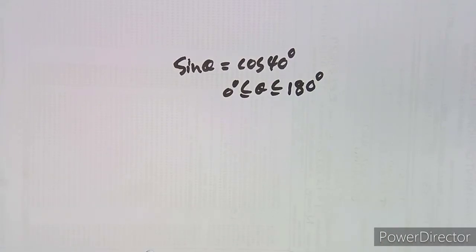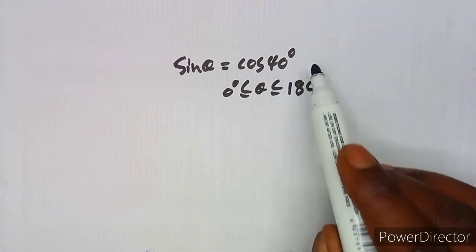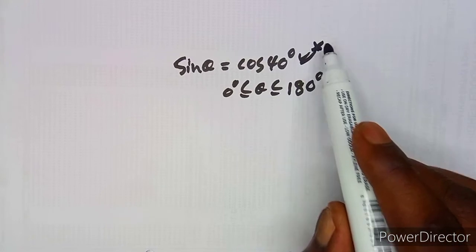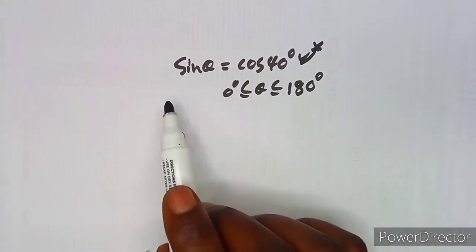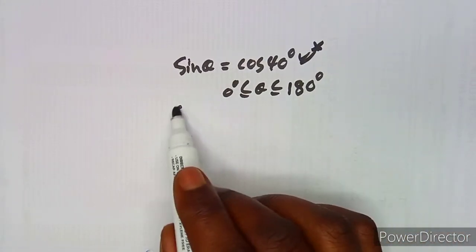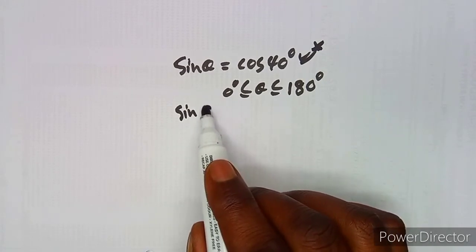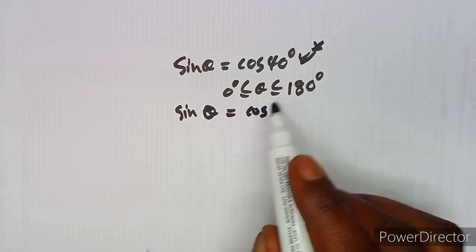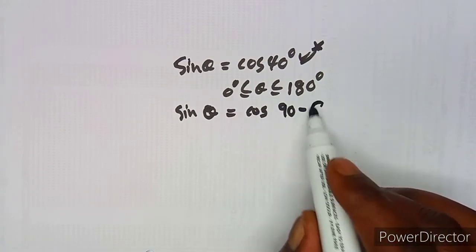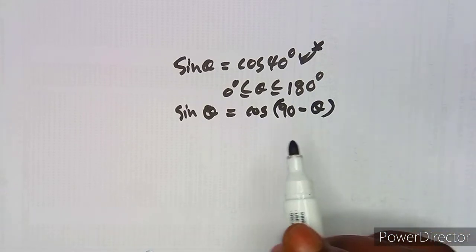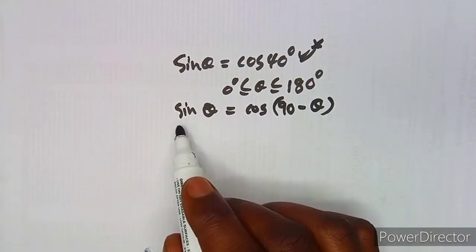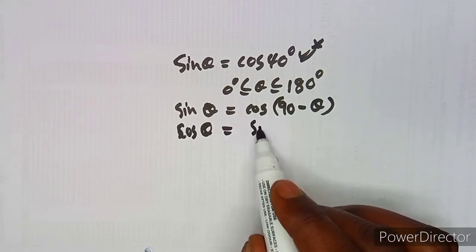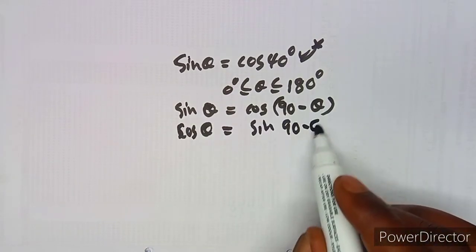These are referred to as co-functions, where we have a relationship between the acute angle and the obtuse angle. The cos 40 degrees that you're talking about is an acute angle. The relationship is that if you are given sine theta, it is equivalent to cos of 90 minus theta, which is the same thing as cos theta being sine of 90 minus theta.